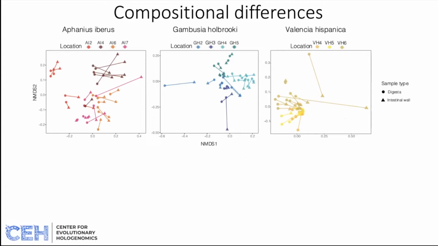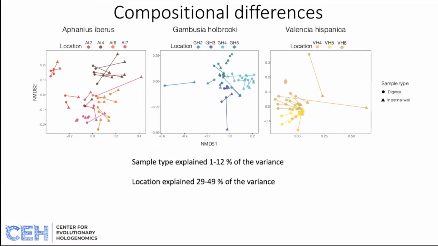Even though it might not be super clear from these plots, we found that sample type had a significant influence on the community composition, and we were able to explain 1 to 12% of the variance depending on the species. We also found that location had a significant influence on the composition and explained a much higher proportion of the variance, which was also what we expected.